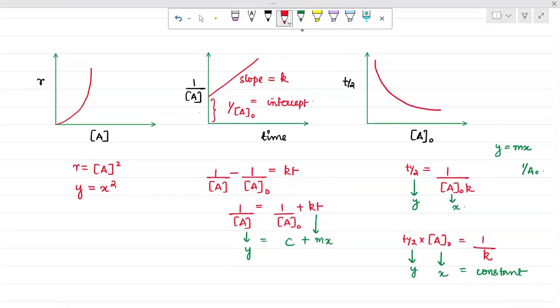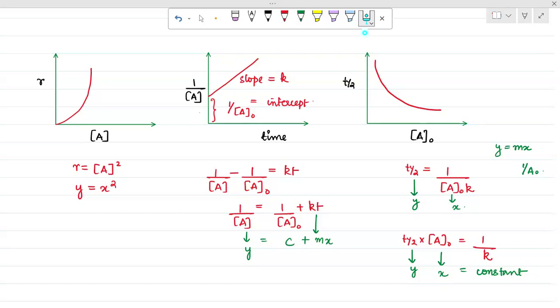Understand the difference between a hyperbola and an exponential decay, please. Exponential decay starts from any point on the y-axis and then it degrades. This is not like this. XY is a hyperbola like this. Okay? Yes. So that's all for the second order kinetics.